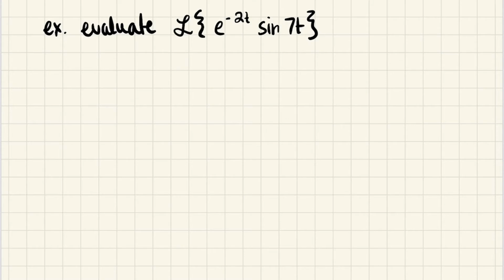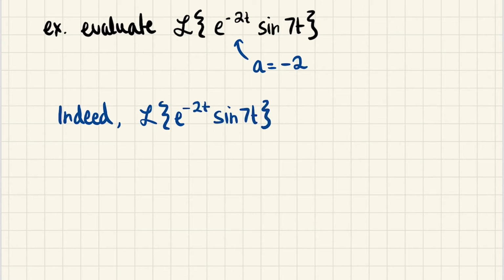Okay, once again, we'll use the first translation theorem, and we can see here that a is equal to negative 2. So this is equal to the Laplace transform of simply sine of 7t, and when we're done, we will replace s with s plus 2.